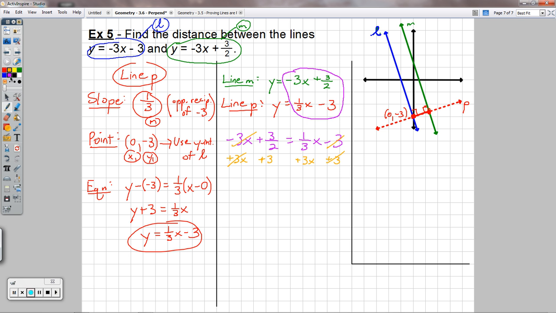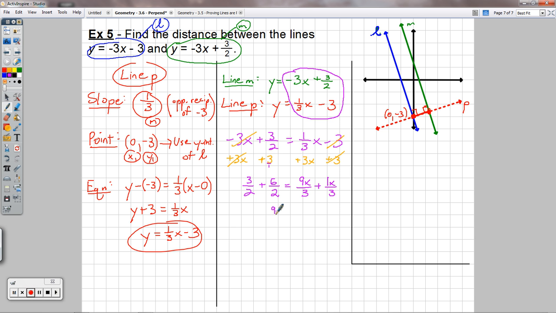So really what I have here is 3/2 plus, to get a common denominator with 3, that's like 3/1. So this could be written as 6/2, which is the same thing as 3/1. And then this would be 3x, that's the same thing as 9x/3. That gets a common denominator with what I see here. 1x/3 is the same thing as 1/3 x.